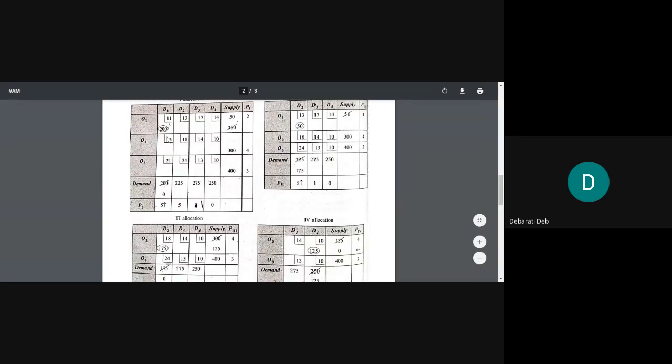When we are allocating 200, that means we are exhausting the entire 200 in the first column, and we are using 200 out of 250. So we will strike off 250 in this first row total and write 50 here. Follow the arrow: strike off 250 and write 50, because out of 250, 200 has been allocated.